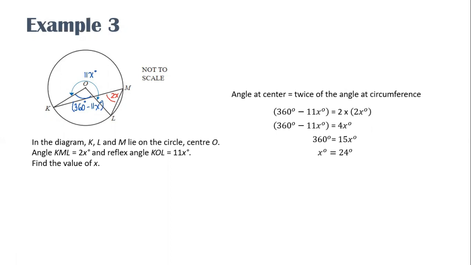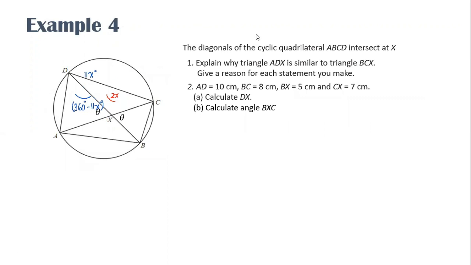Good. Okay, so next we go to example 4. Example 4. The diagonals of the cyclic quadrilateral ABCD intersect at X. Number 1, explain why triangle ADX is similar to triangle BCX.